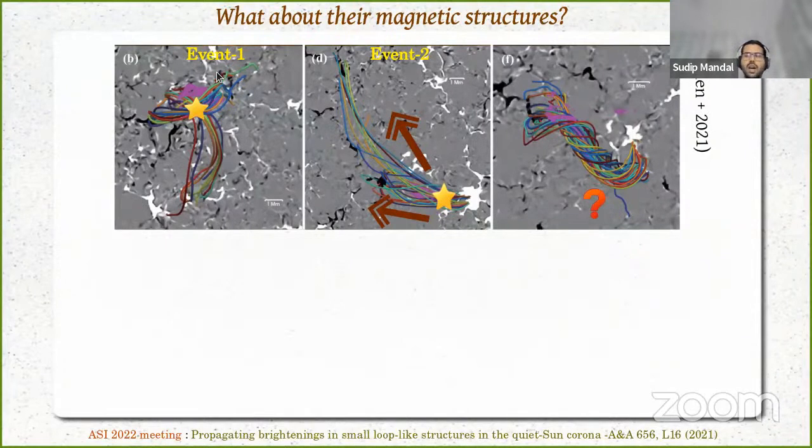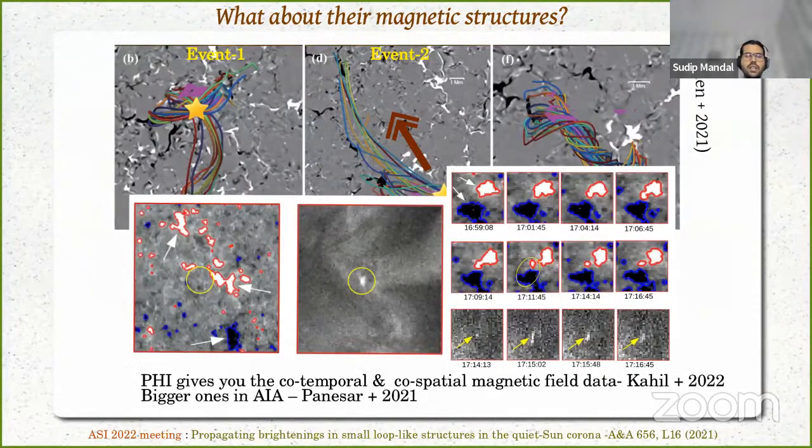Recently, after the publication of this work, there is a magnetograph instrument on the Solar Orbiter called PHI. It has provided simultaneous, co-spatial and co-temporal magnetic field data.